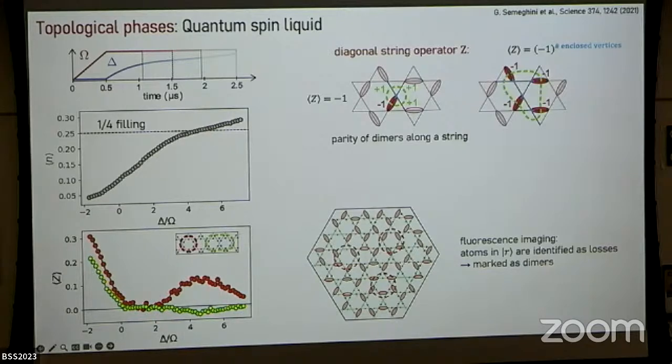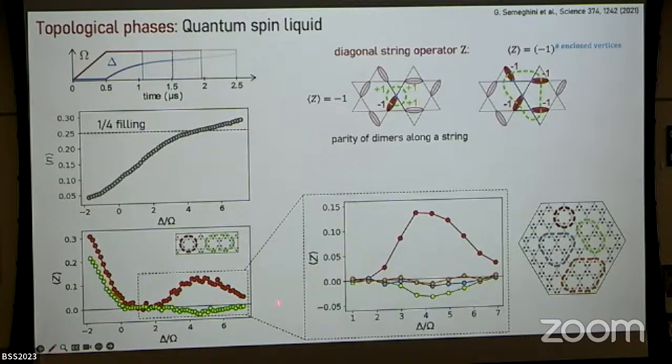The reason is in this loop, we have an even number of vertices inside, whereas in this loop, we have an odd number. Okay, so if this was a perfect state preparation, what we would expect is that here we go to +1 and here we go to -1. The fact that we observe something finite means that we have an approximate dimer state.